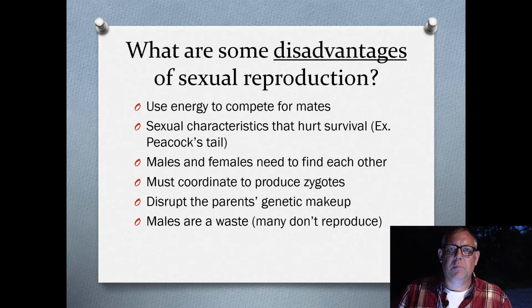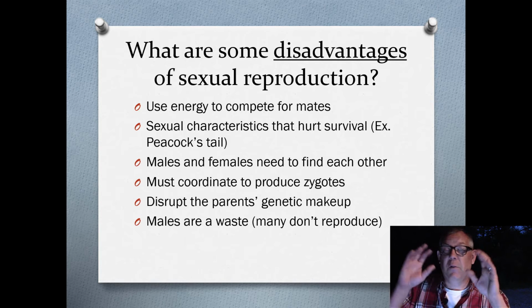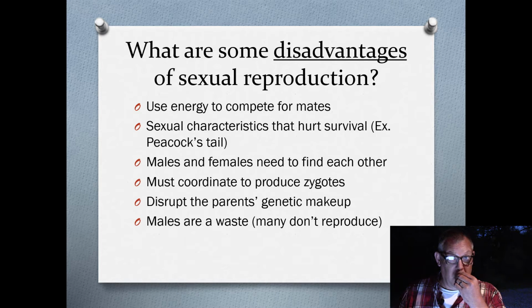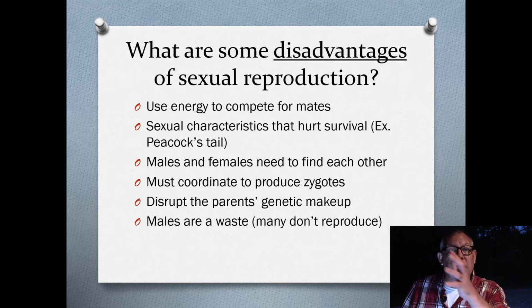If you're an organism so well suited to the environment that you have survived and you're ready to reproduce, your DNA is very well suited for this particular environment. So it would seem to make sense that you would want your offspring to have that exact same DNA. If it worked for you, why not give it to your offspring? But sexual reproduction doesn't do that. It retains the traits, but it rearranges them.